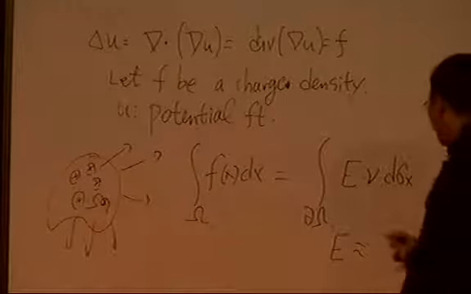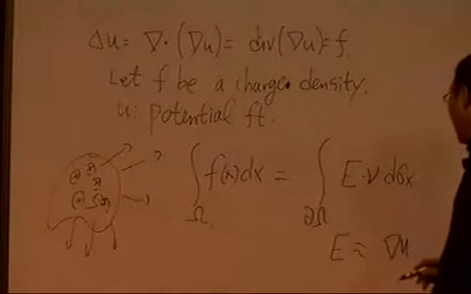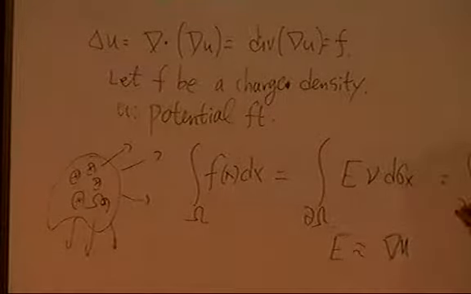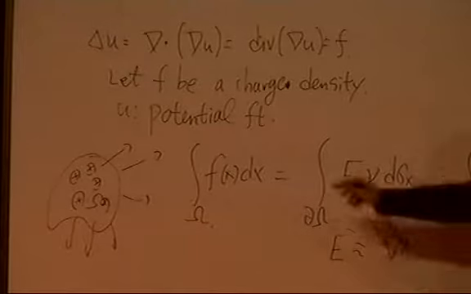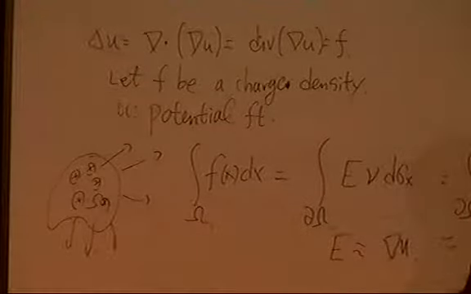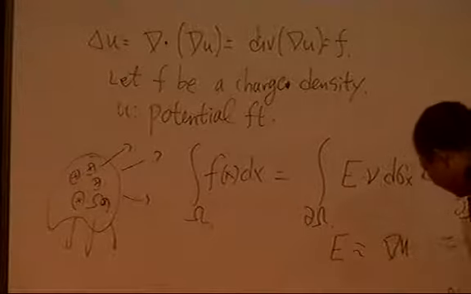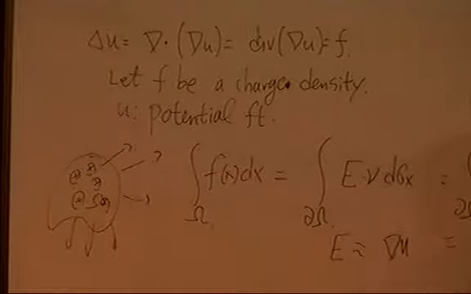So you look at the gradient of U, and it is the integral of the gradient of U dot the normal d sigma x. You apply the divergence theorem, and it is the integral of the Laplacian of U dx. This is true for any omega, so you have the Laplace equation.